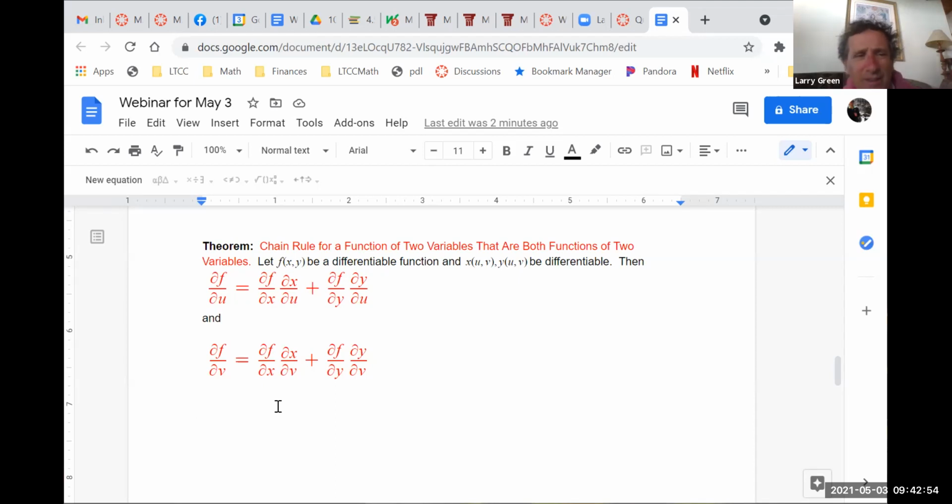Which theorem do you think you use more often? This one or the one we just did? Which do you think is used more often in the real world? Any thoughts? Yeah, this one is used more often in the real world. Which do you think is used more often in just kind of the day-to-day world for ordinary people?